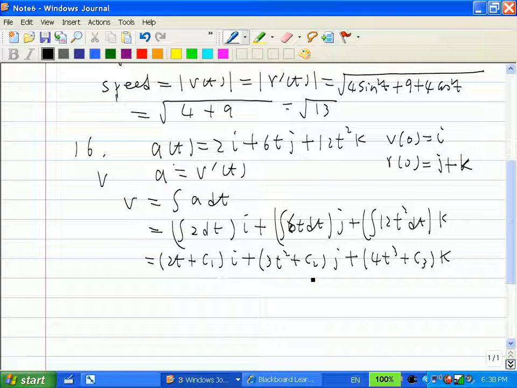For any c1, c2, c3, if you take the derivative, they will give you a. But we're not looking for any of those. We're looking for the special one such that v0 gives you i.